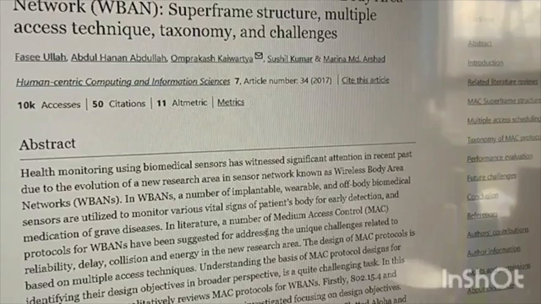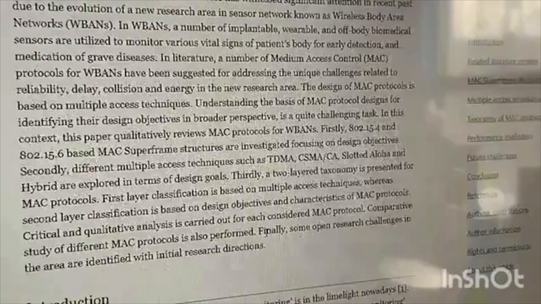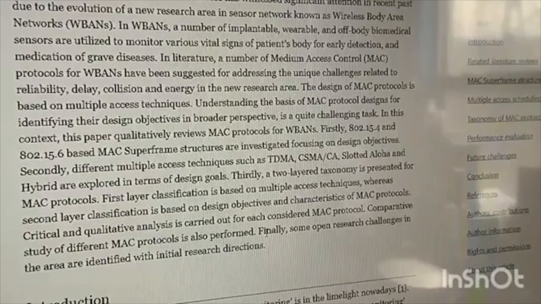In 2017, the design of MAC, medium access control protocols, is based on multiple access techniques. Understanding the basis of MAC protocol designs for identifying their design objectives in a broader perspective is a quite challenging task. In this context, this paper qualitatively reviews MAC protocols for WBANs.